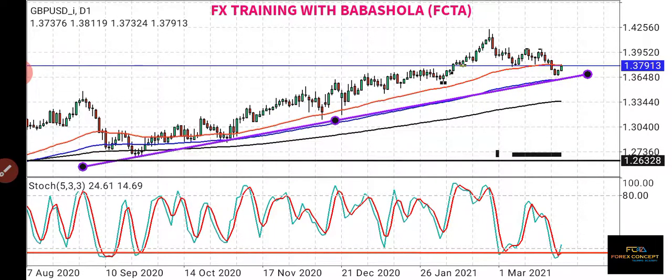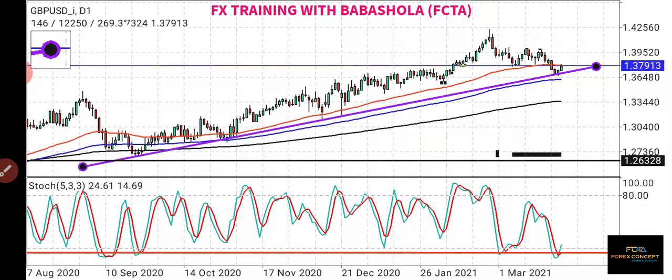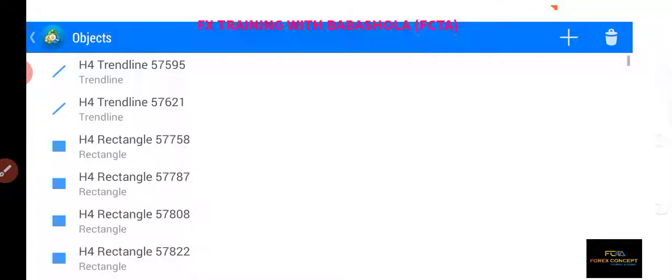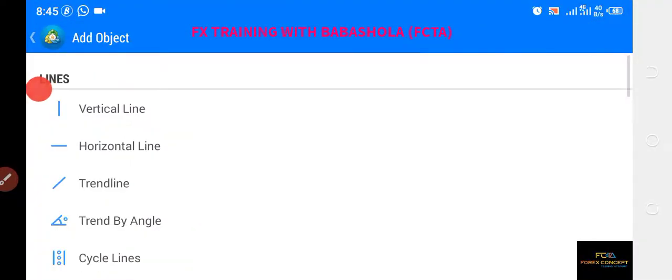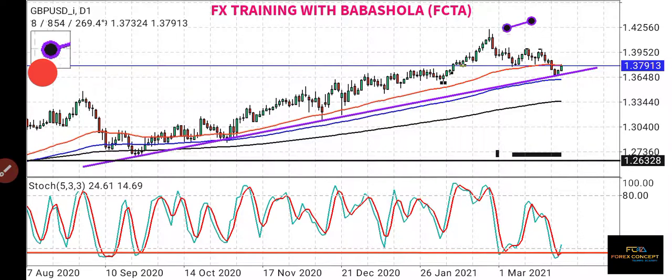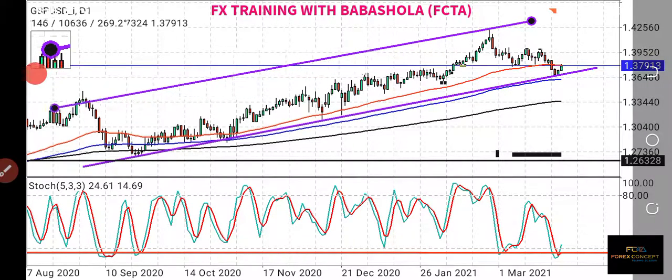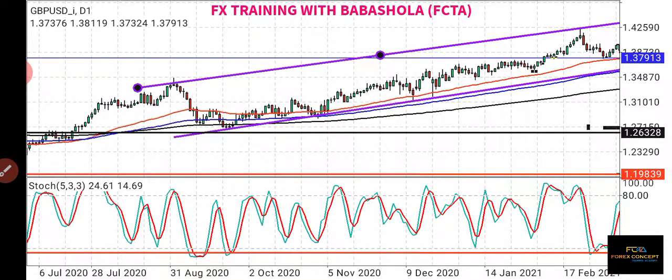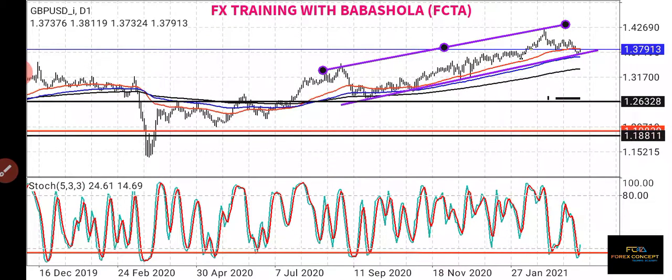We have a trend line here, and then we also have a trend line at this point. Let's zoom out to see. Okay, let's leave it here.